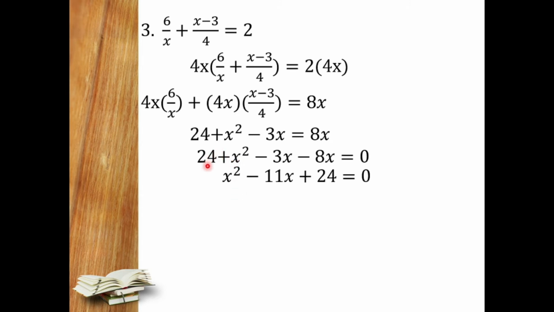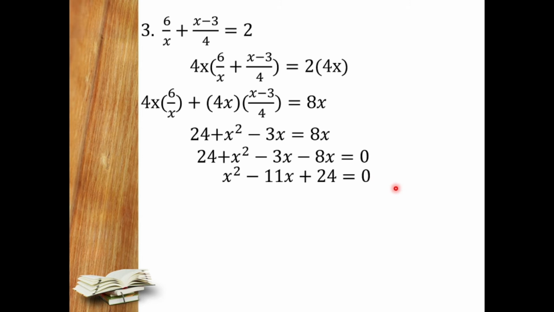Nilipat lang natin siya ng pwesto. Nilagay lang natin sa una. Then, etong dalawa, kinombine natin. Negative 3x minus 8x is negative 11x. Tapos si 24, positive pa rin siya. Hindi naman natin siya inilipat dun sa kabilang side ng equation, kundi inilipat lang natin siya ng pwesto. So, therefore, positive 24 pa rin siya. So, ito na yung quadratic equation natin and it is already written in standard form.